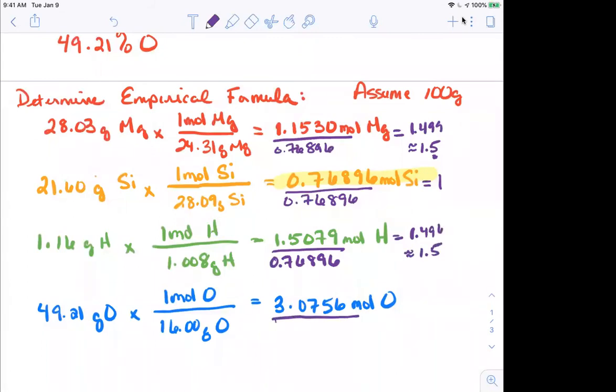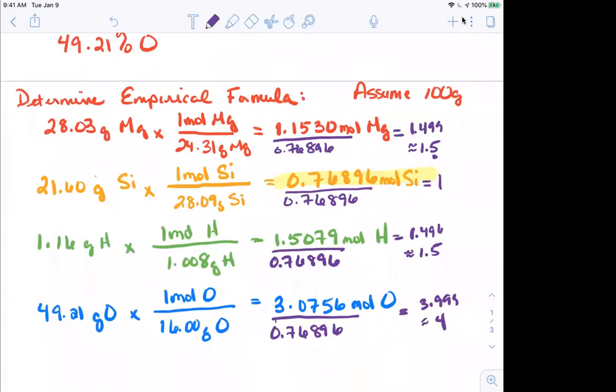And then for oxygen, if I divide by 0.76896, I get 3.999, which is 4.